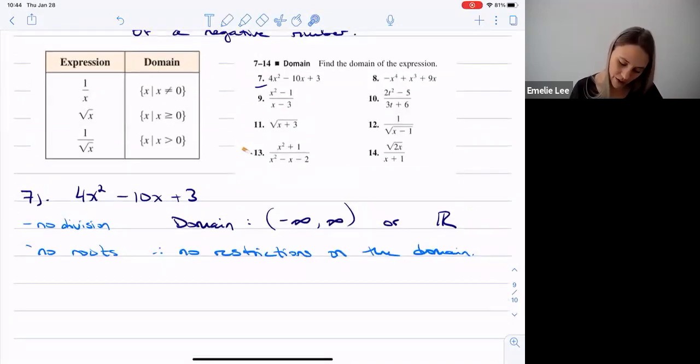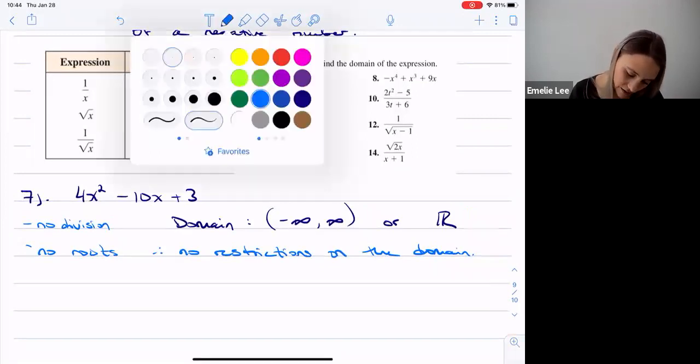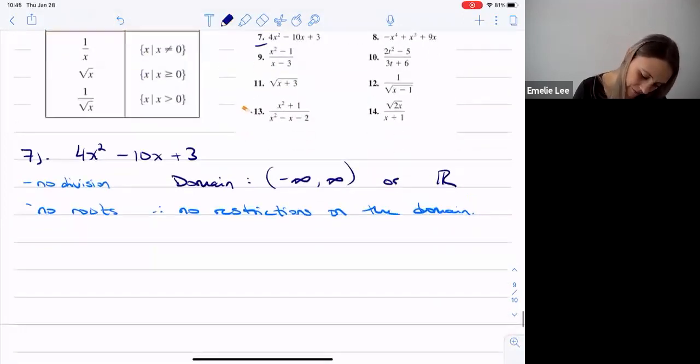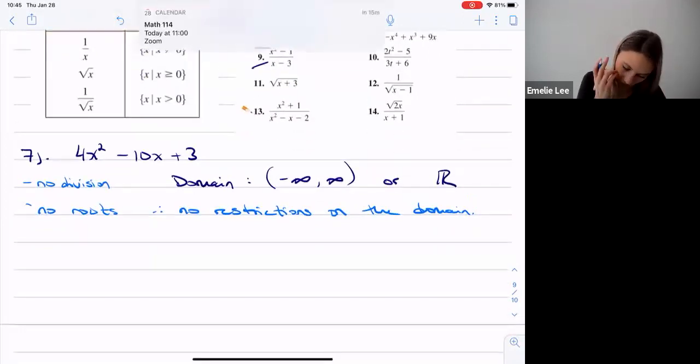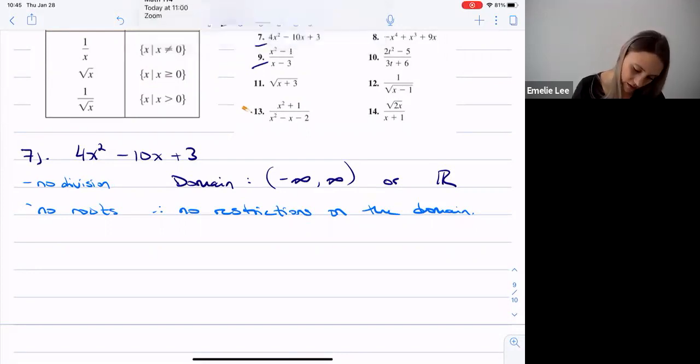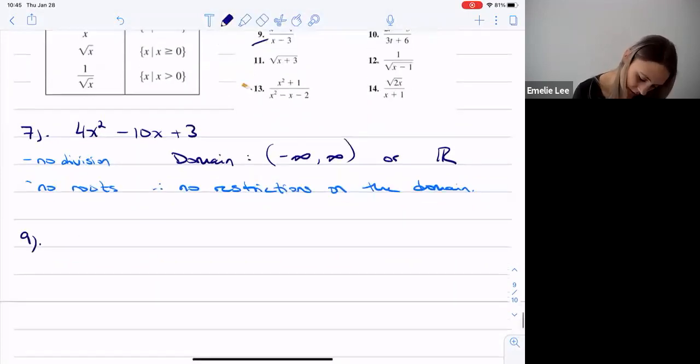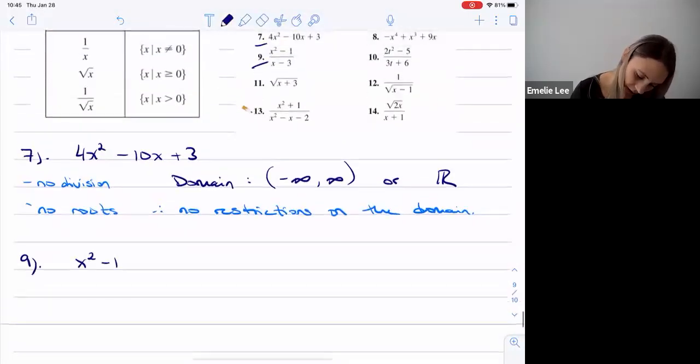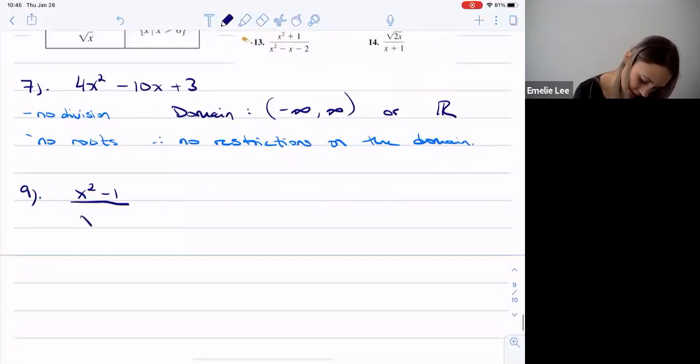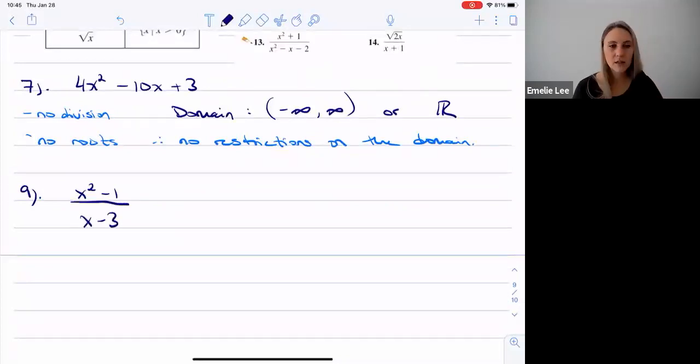Whereas if we go to 9, okay, let's have a look at 9 here. If I have x squared minus 1 over x minus 3, here I need to pay attention, right?